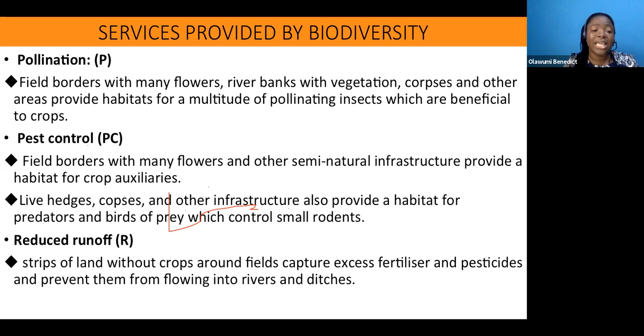Then we have PC, which is pest control. We will look at the pest control. These are fields bordered with many flowers and other semi-natural infrastructures that provide a habitat for crop animals. This pest control is naturally done.